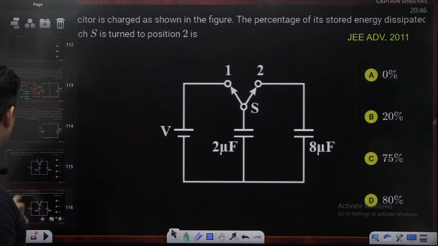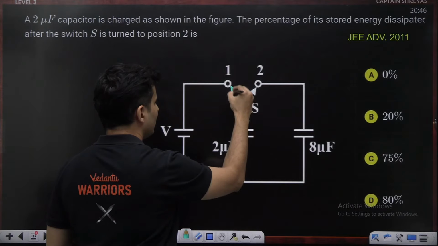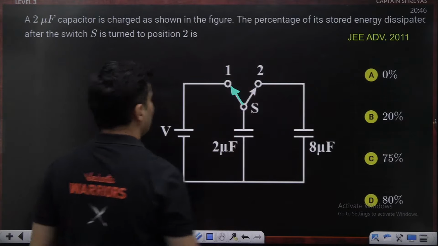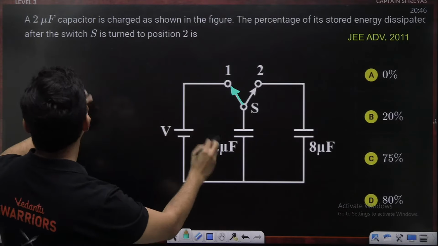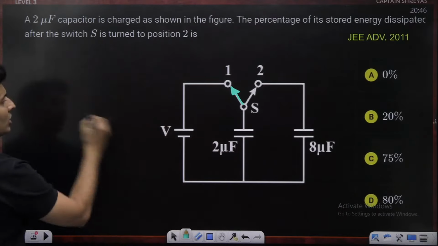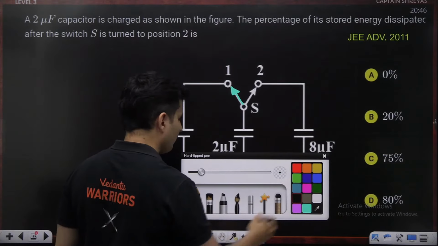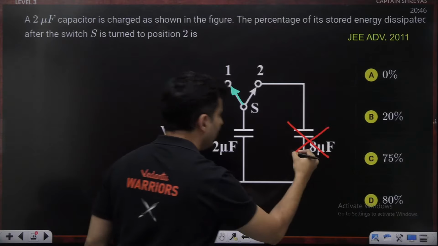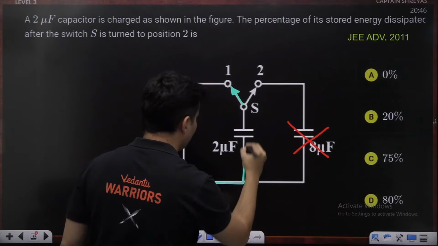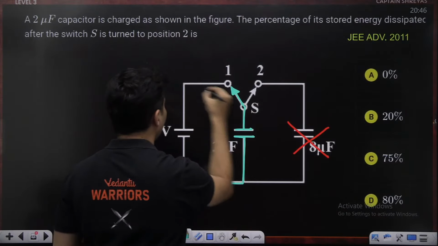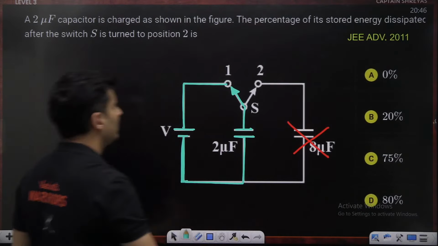I'll take 2 scenarios. First scenario, the switch is in this particular position. In this position, voltage V, capacitance 2 microfarad. So this one is completely useless. Just concentrate your attention only on this part of the circuit.